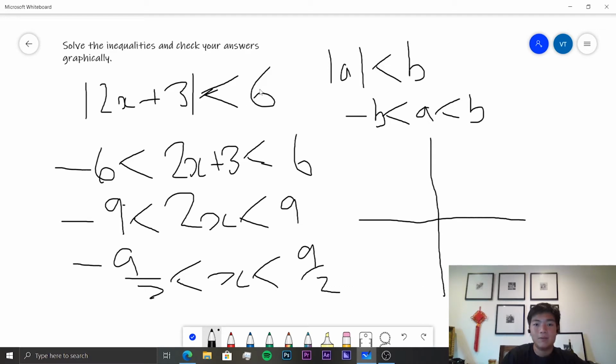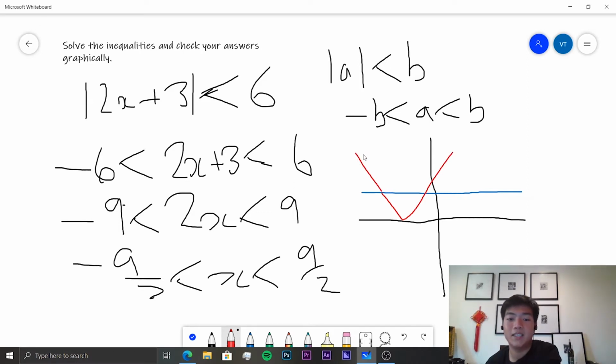We have y equals 6, which looks like this kind of line. I'll draw it in a different color. And the graph of the absolute value of 2x plus 3 looks something like this.